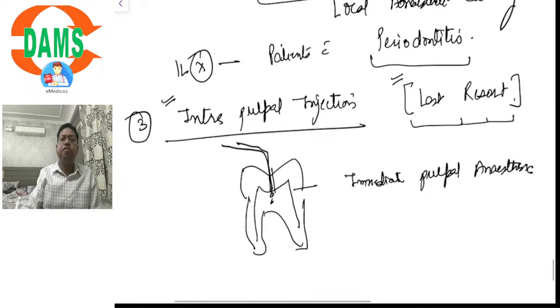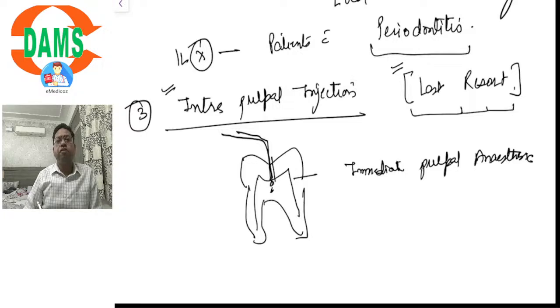No more than a couple of drops should be going. If it is going freely, it means the technique is not accurate and you are not able to wedge the needle exactly into the pulp. So with great resistance, if we inject a couple of drops, immediate pulpal anesthesia would be there.